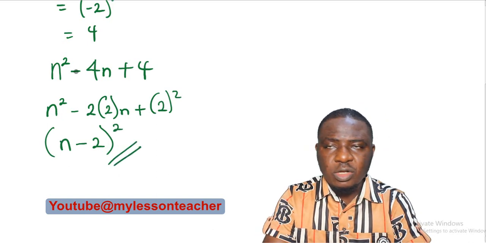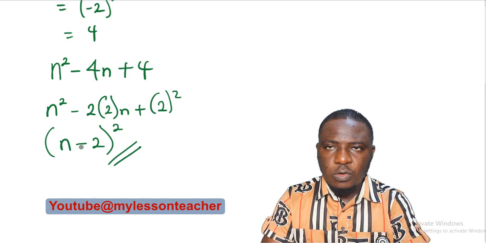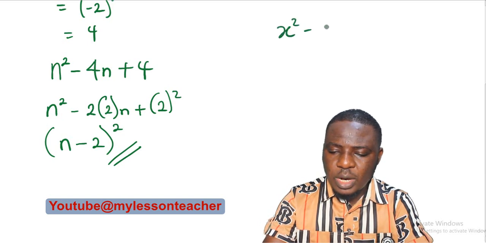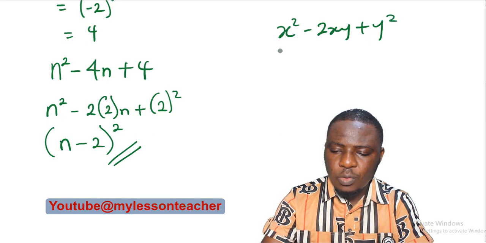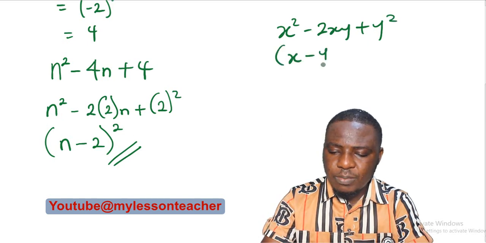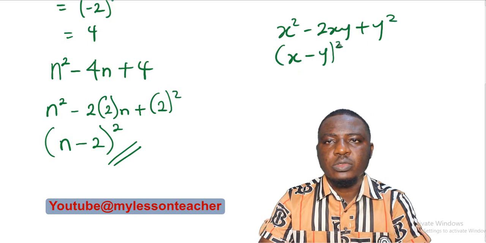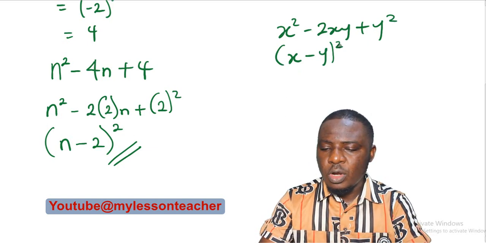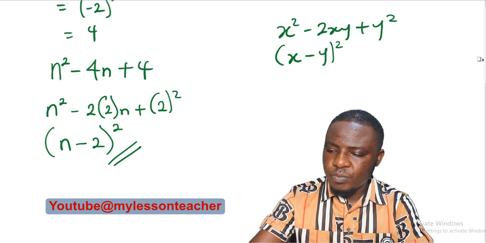Remember, I said if the second term is a negative, your factor is also going to be negative. So we have it at x squared minus 2xy plus y squared, which when factorized becomes x minus y all squared. Now you can compare this with your answers and know where you have missed it.